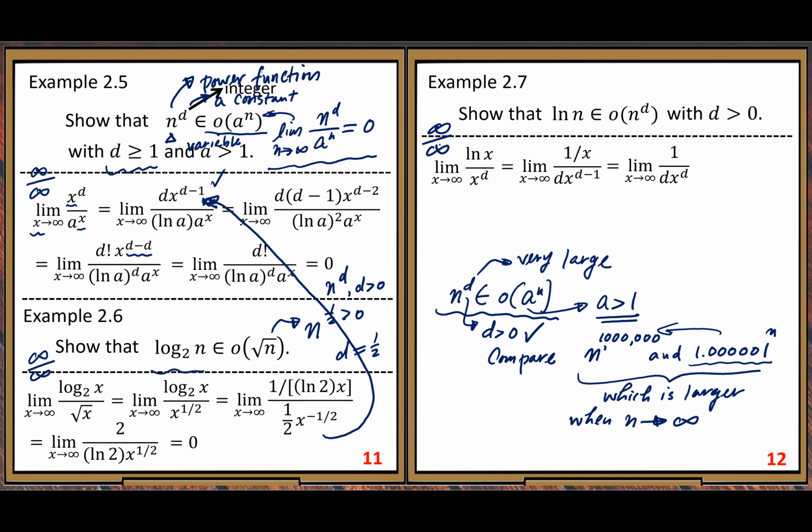It's not an indeterminate form. The numerator is a fixed number, 1. The denominator goes to infinity when x approaches infinity. So the answer is 0. Here you can see we only need d to be a positive number. This limit goes to 0 no matter how small that d is.